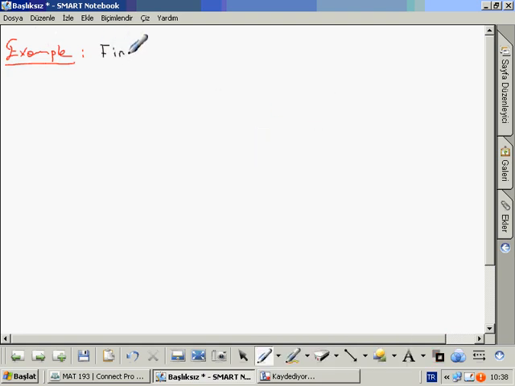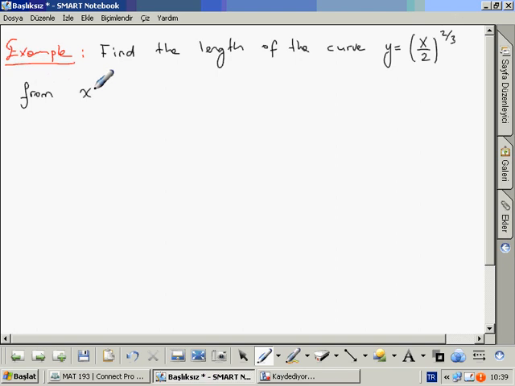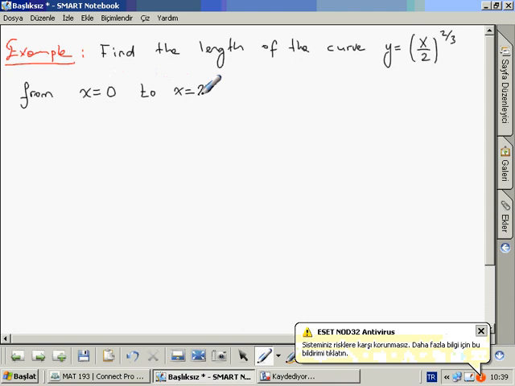Find the length of the curve y equals (x over 2) to the power of 2 over 3 from x equals 0 to x equals 2.